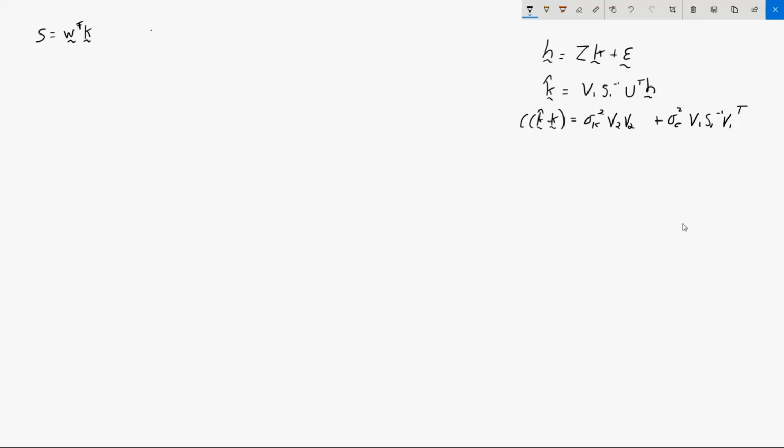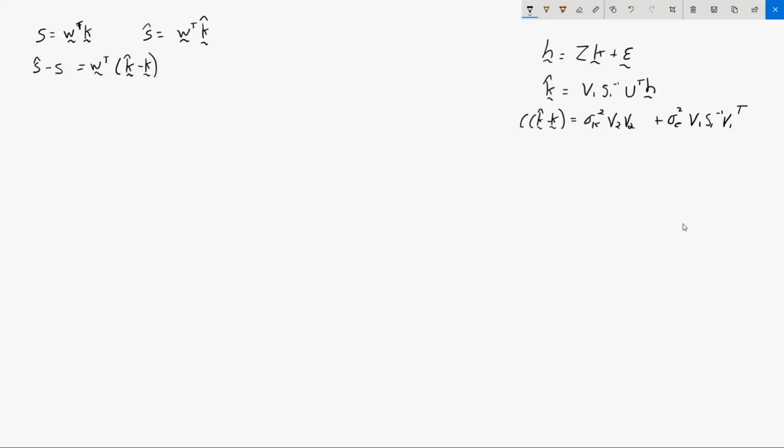When I make that same prediction with my calibrated model, I make it using the estimated parameter set. Therefore, my prediction has an error, and I can write that error as w^T (k hat minus k).